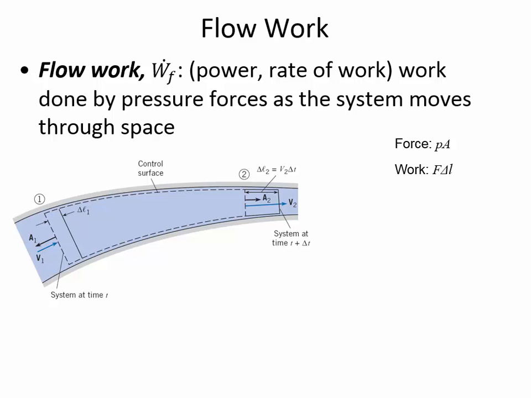So if we look at this element of water, the pressure on the outside of this element is pushing on the water in both directions. To the right at 1, but also the water at location 2 is pressurized, and the pressure is pushing to the left at that location.